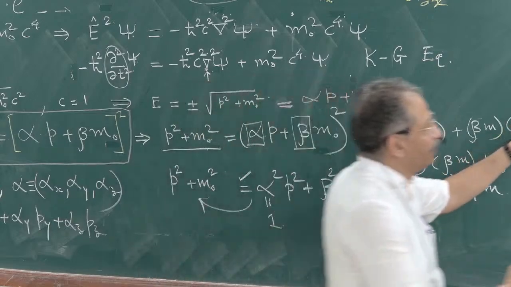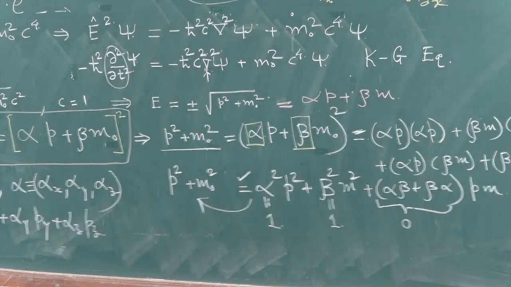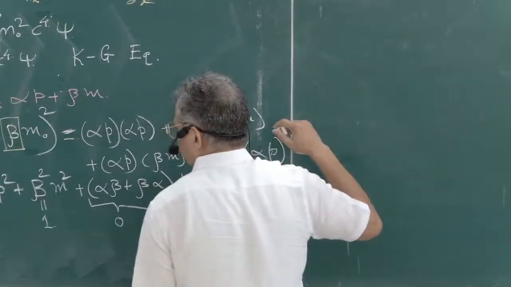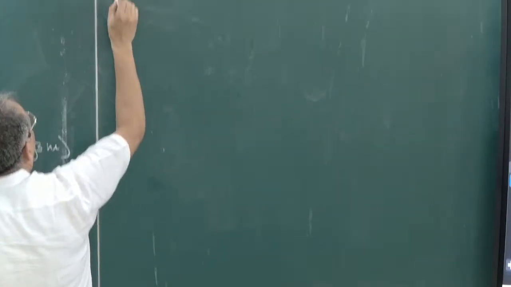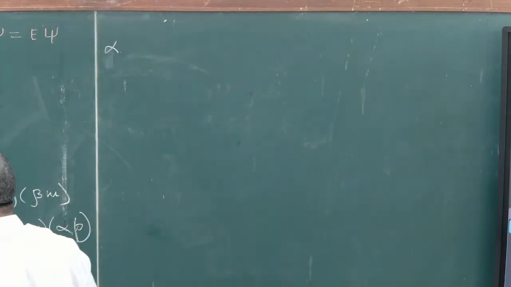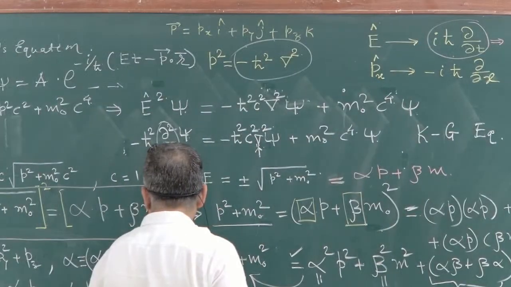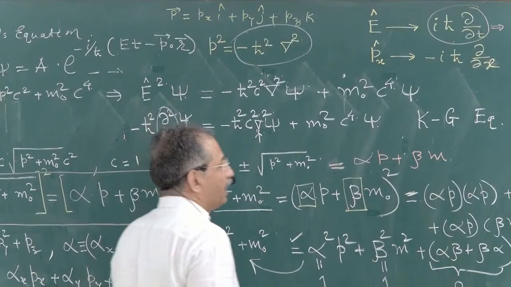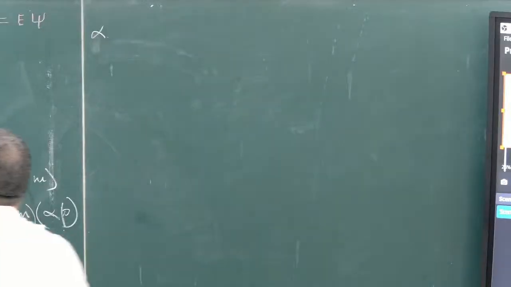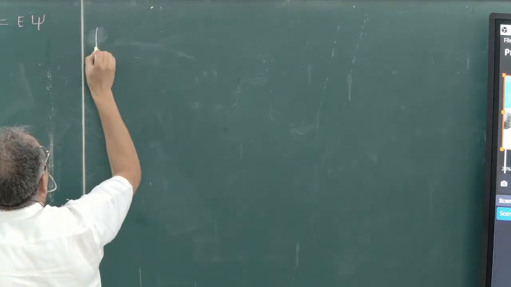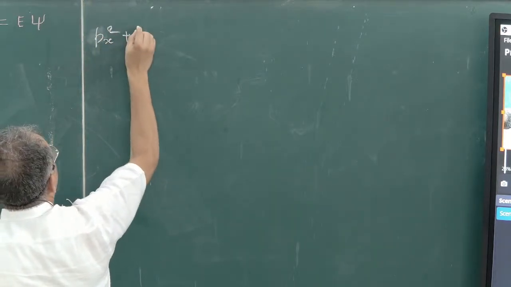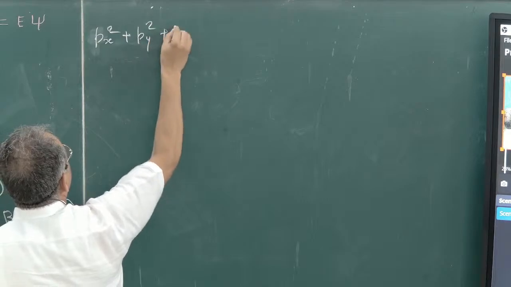So I would use this space for further derivation. So we have considered this alpha into p as alpha x px plus alpha y py plus alpha z pz. So our basic equation will be px square plus py square plus pz square.